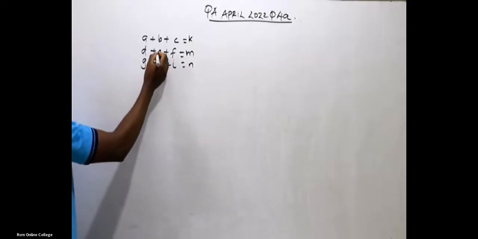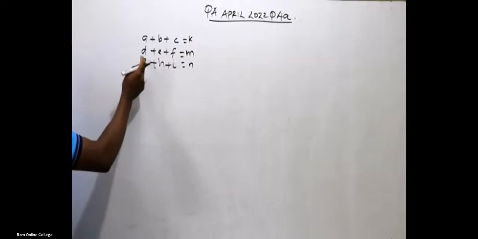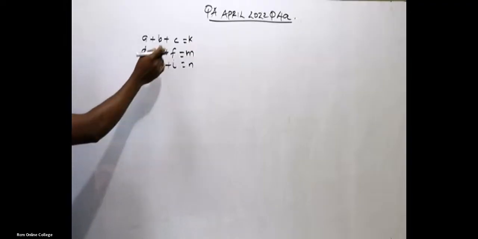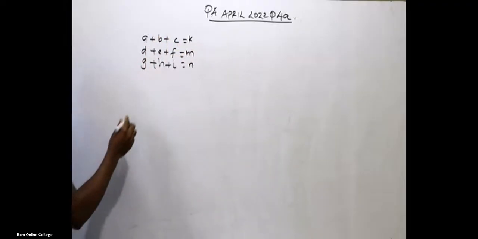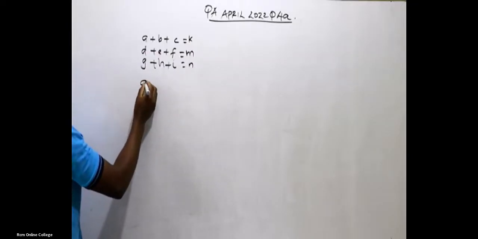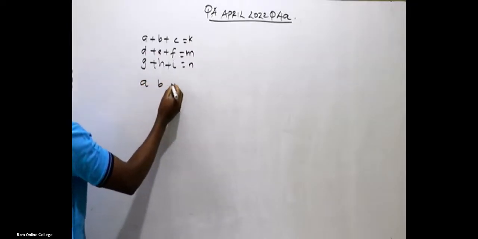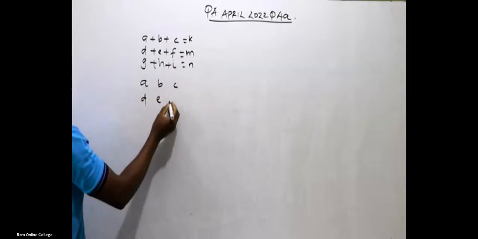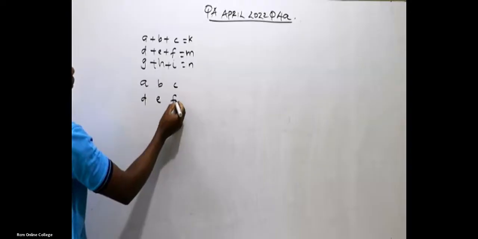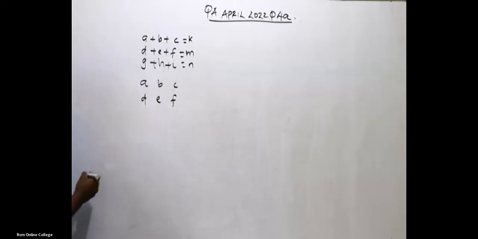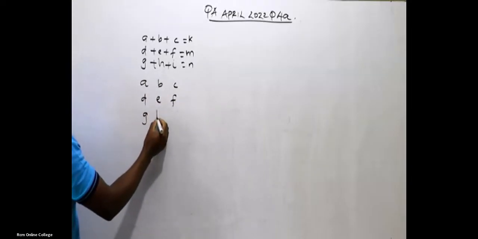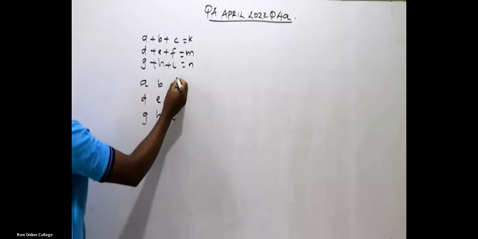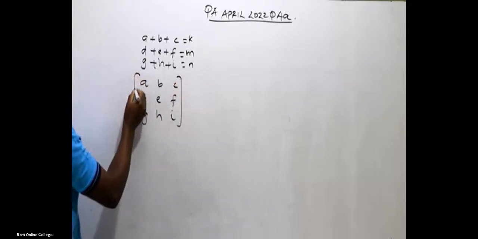Now, from here, we need to get the coefficients. Under this, we'll assume that the coefficients are actually 1/3. So we're going to have A, B, C, D, E, F, then G, H, I. All of these are the coefficients.